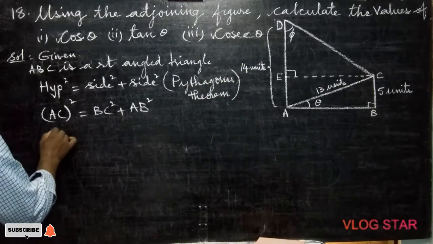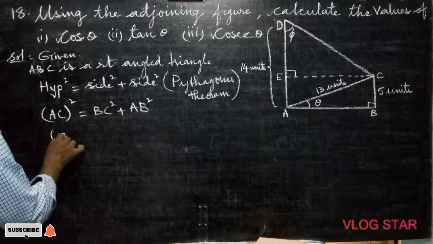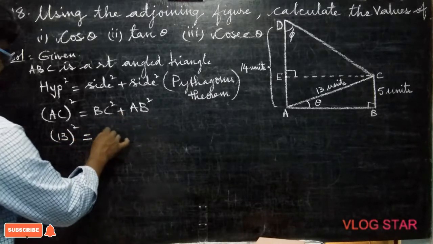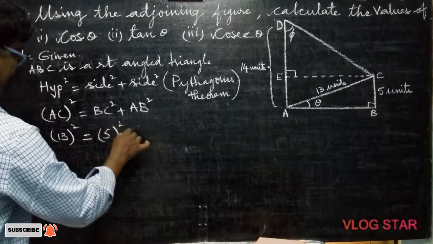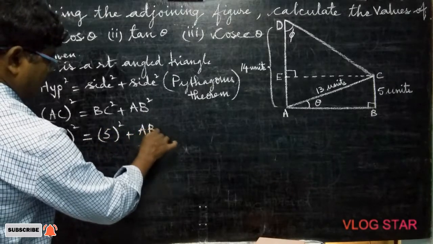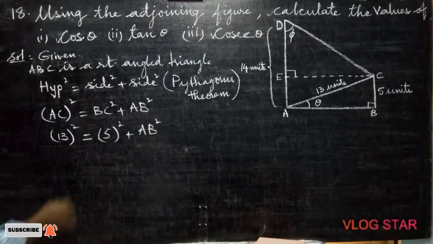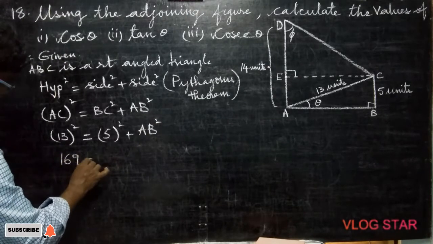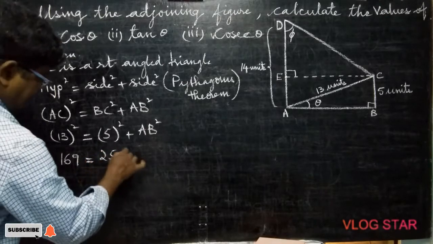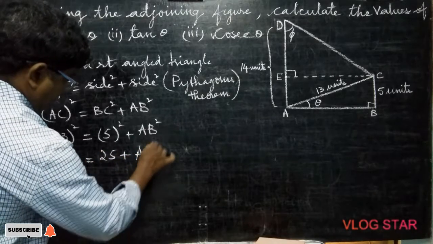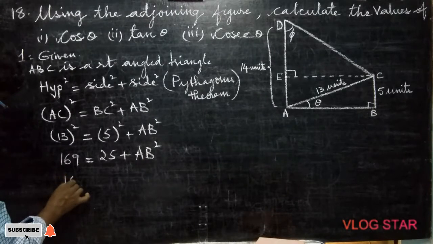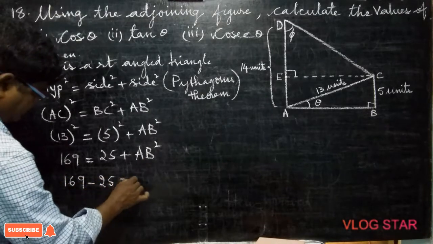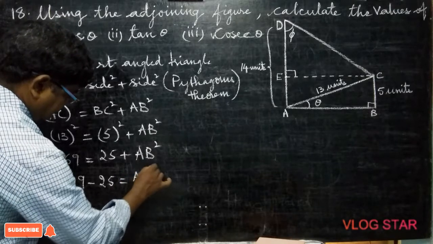AC they gave 13, whole square is equal to BC also they give 5 whole square, and AB they did not give. So AB square: 13 13s are 169, 5 5s are 25, plus AB whole square. 169 minus 25 is equal to AB square.